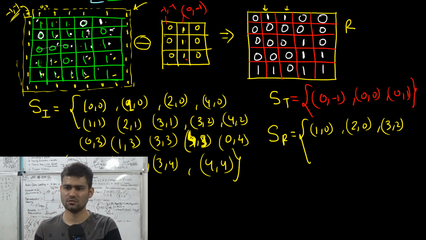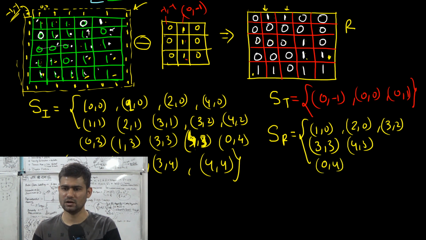Then we have 4, here we have 3, 3 and 3, 4. 3, 3 and 4, 3. Then we have 0, 4. We have 1, 4. We have 3, 4 and 4, 4.